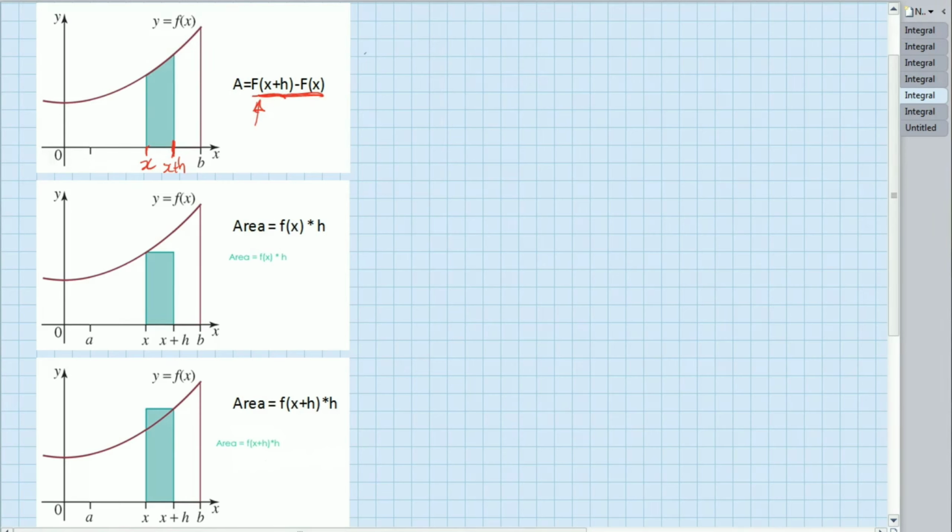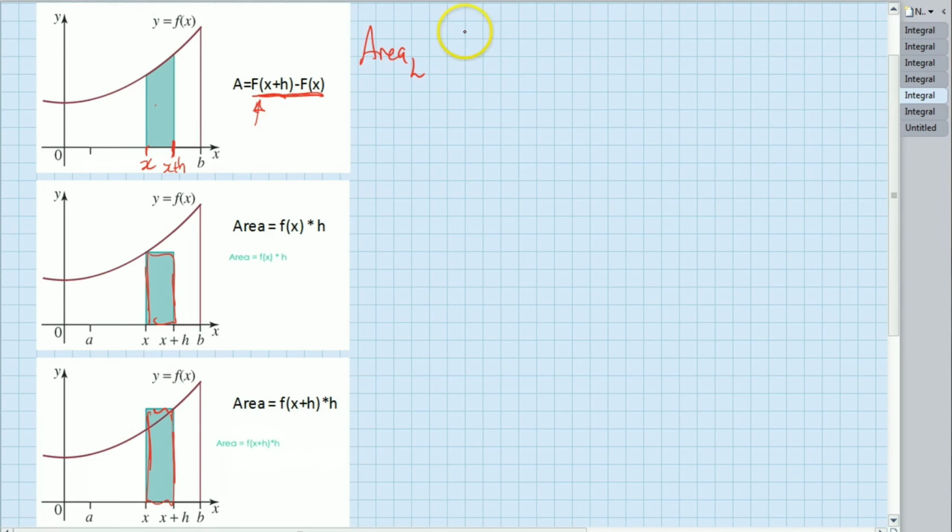Now, we've been doing approximations, and we've been looking at the approximations when we have a lower rectangle and when we have an upper rectangle. And so what I can see is that the area of this lower rectangle has got to be smaller than the area that I'm after here. And the area of this upper rectangle has got to be larger.